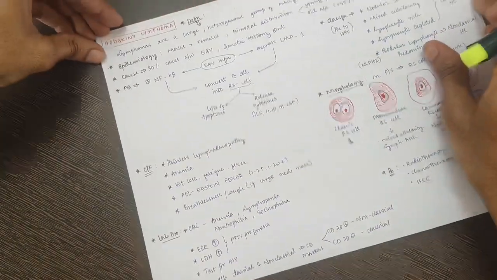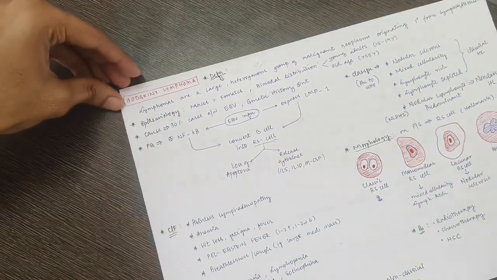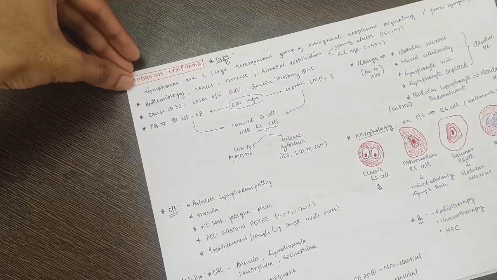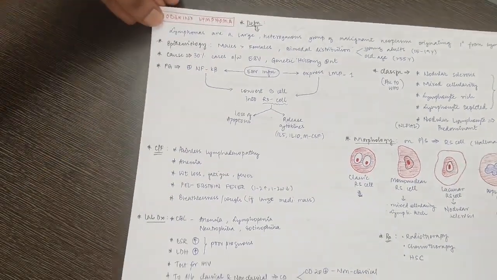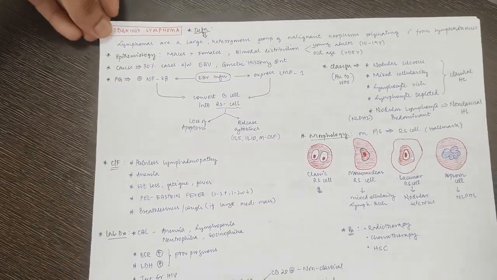Next we'll go for Hodgkin's lymphoma. We have entered into WBC now. We are going to deal with WBC disorders. So what is the definition of Hodgkin's lymphoma?